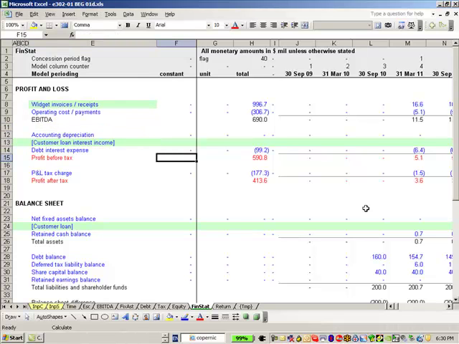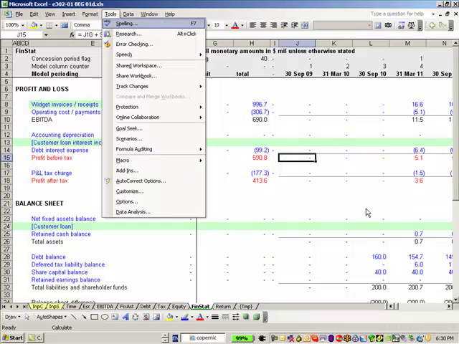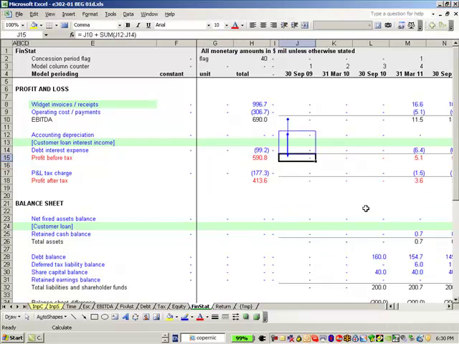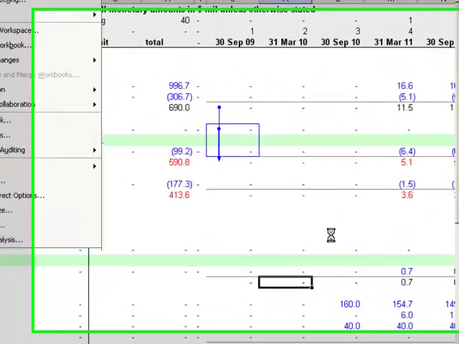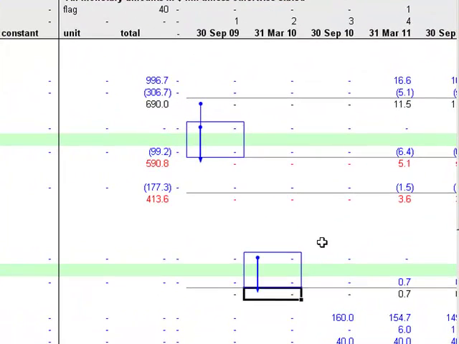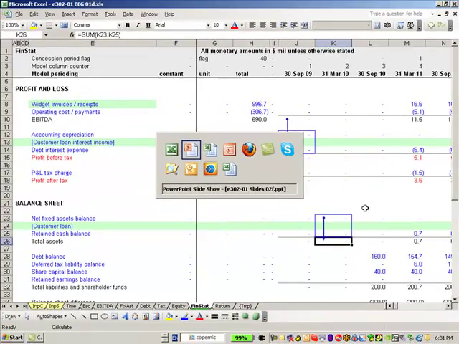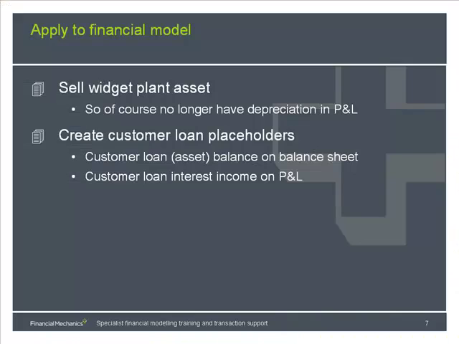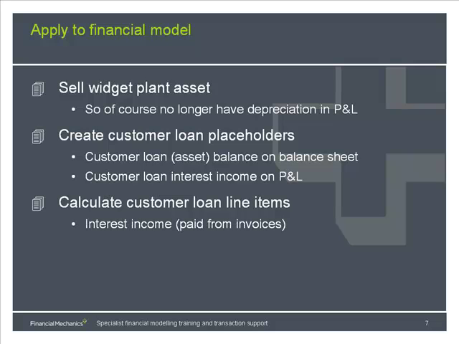For those of you concerned that my simple insertion of rows is somehow not going to have those placeholders properly reflected, rest assured some functions are there and they're all set ready to go. Having set up those placeholders, I'm going to flip back to my punch list. We're going to need to calculate those customer loan line items that are relevant. That's going to be the interest income we talked about.